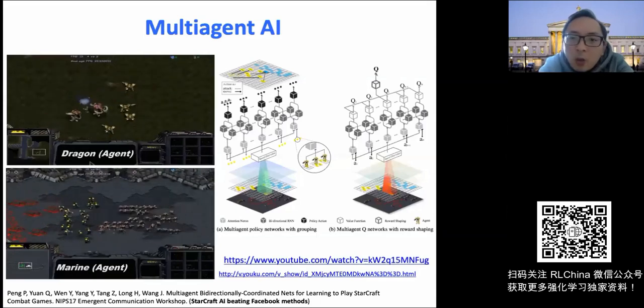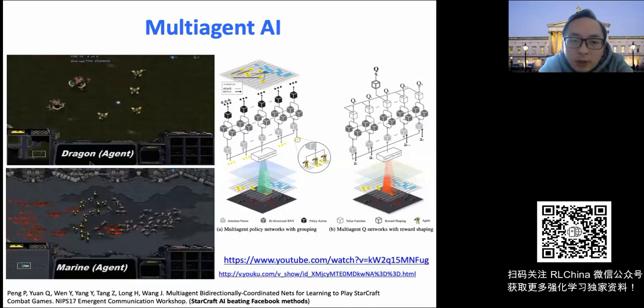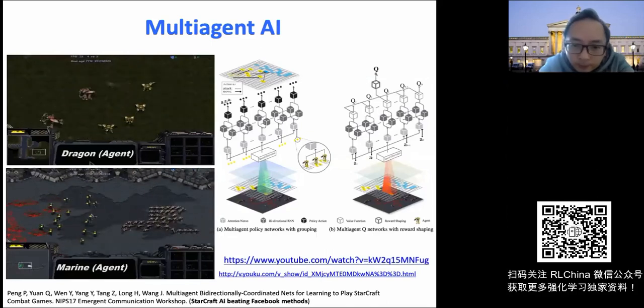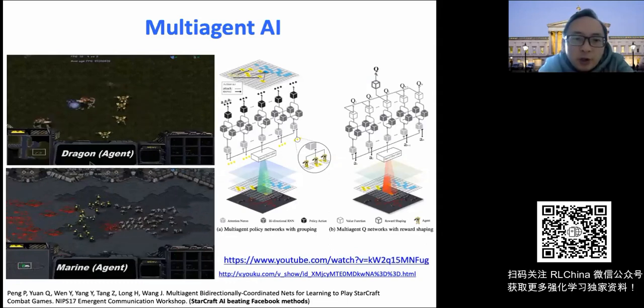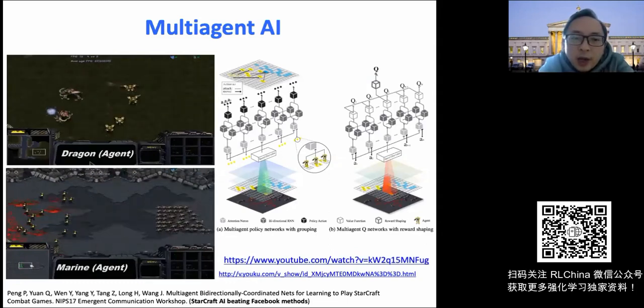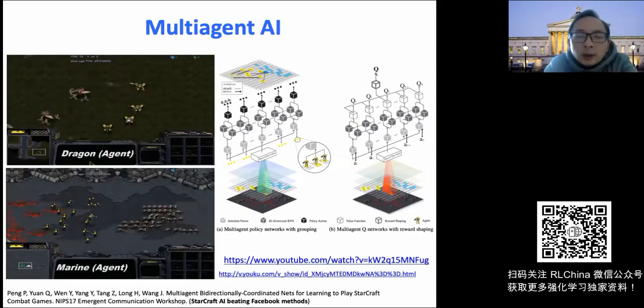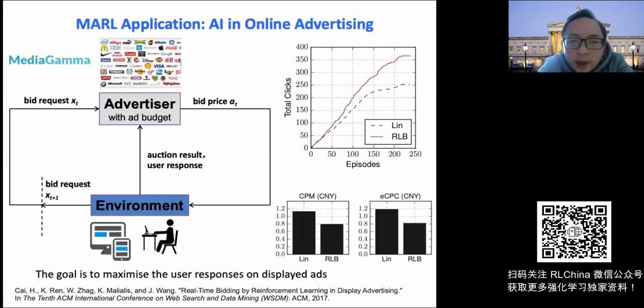They can learn what kind of information to transmit to others, and therefore they can do a better job. This is just an example of what we can do using multi-agent AI. And not only in games, but in practical cases, we also demonstrated that using multi-agents you can solve some practical problems.